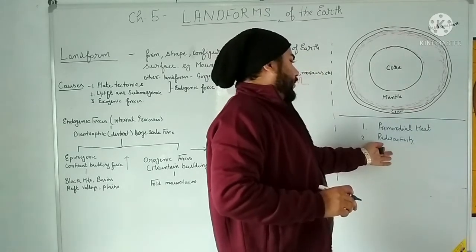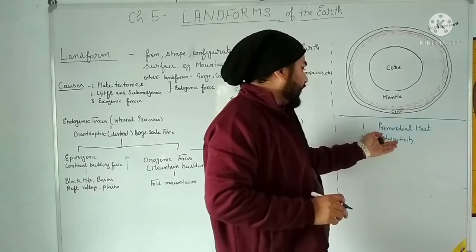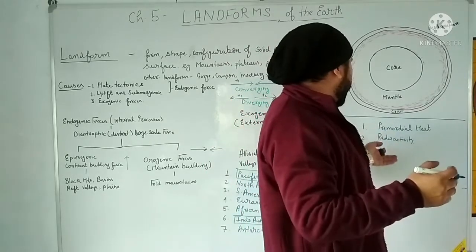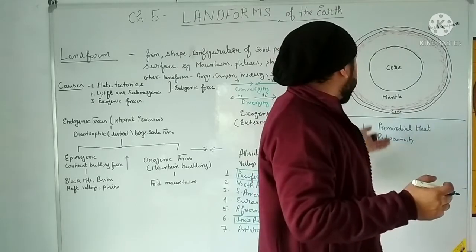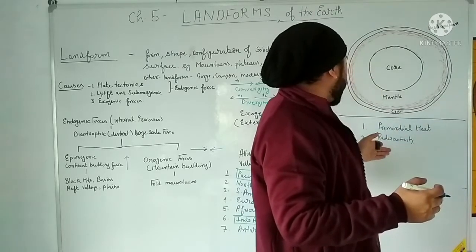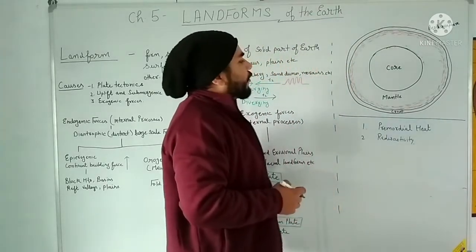Because of the radiations coming out from radioactive materials, or the decay of radioactive materials inside the earth, and the primordial heat. Now what is the meaning of primordial heat?